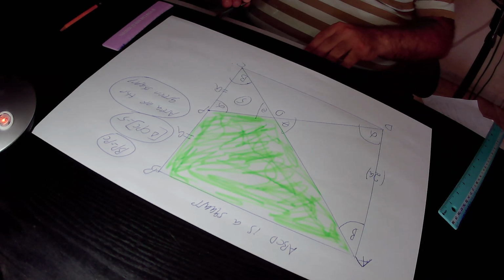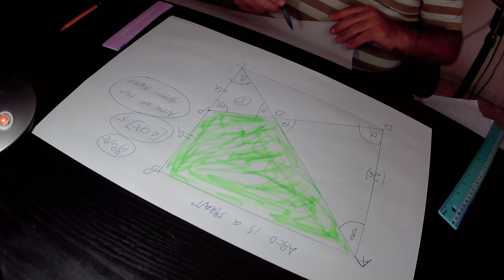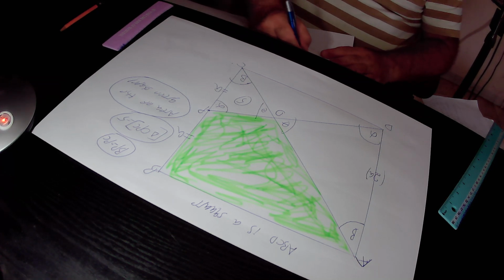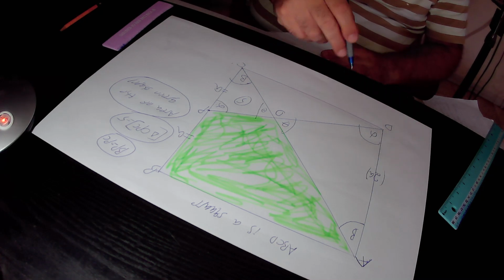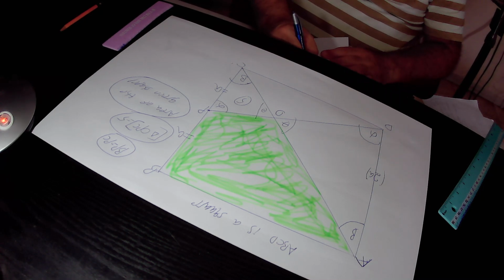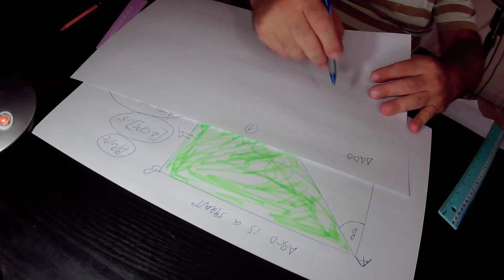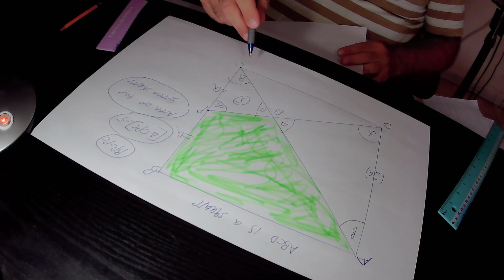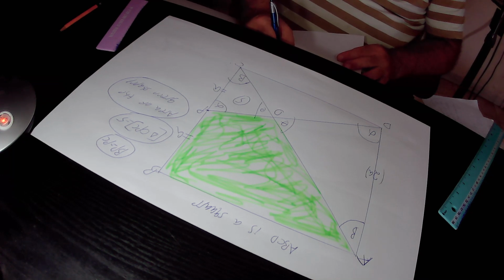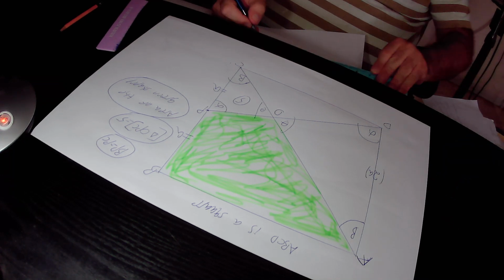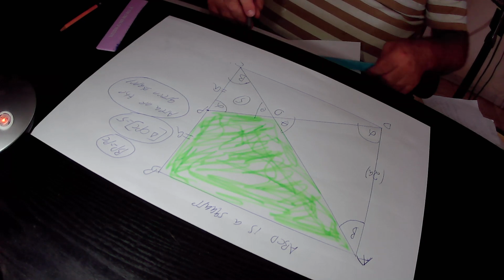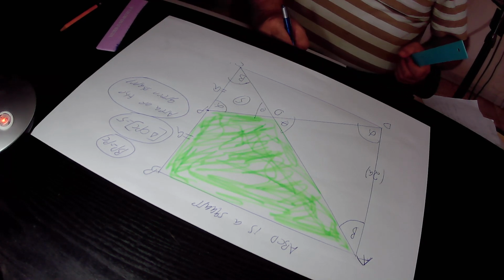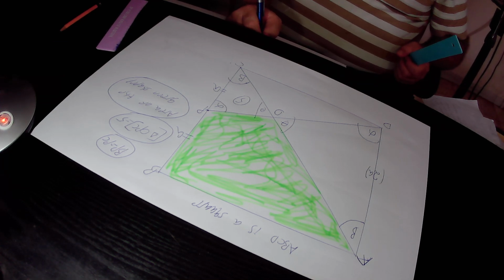The big triangle ADO is similar, this is the sign of similar, to this small triangle COP according to the angle similarity rule.